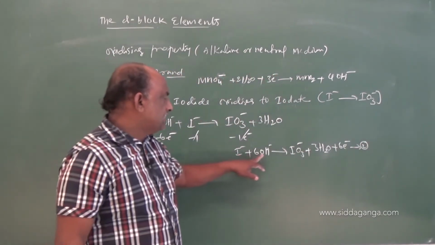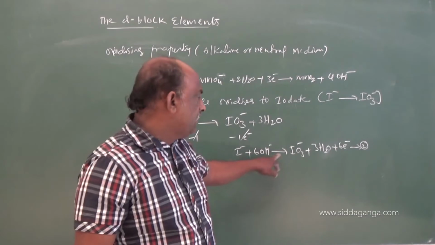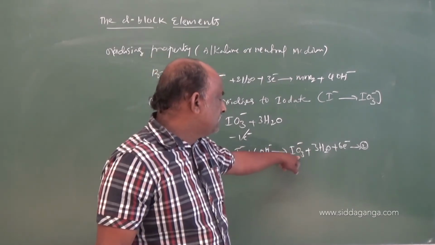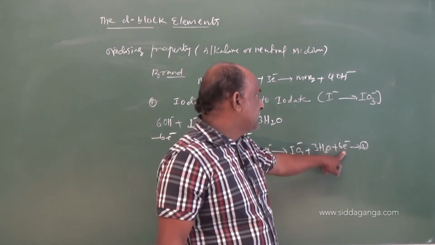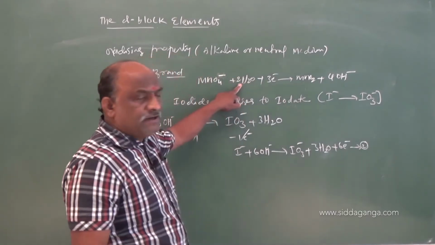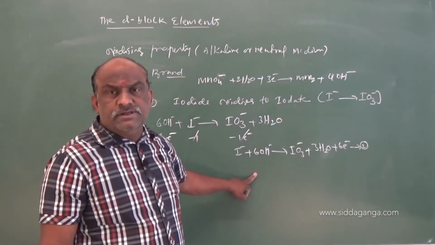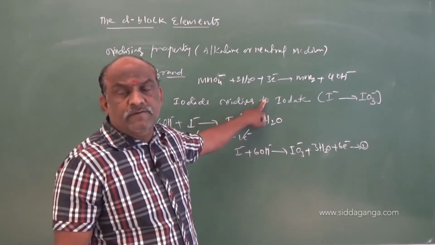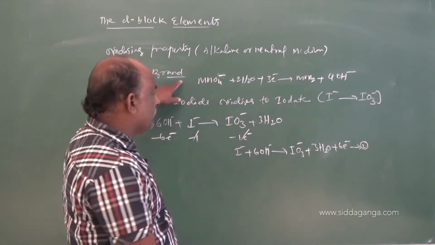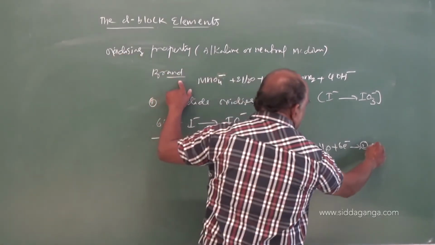In equation 1, 3 electrons. Equation 2, 6 electrons. So equation 1 is multiplied with 2 and equation 2 is multiplied with 1.